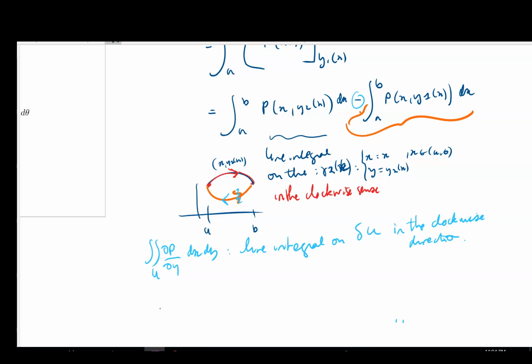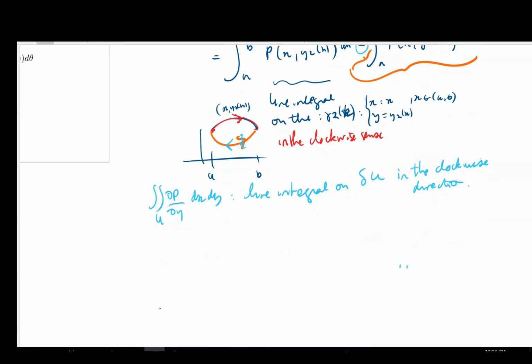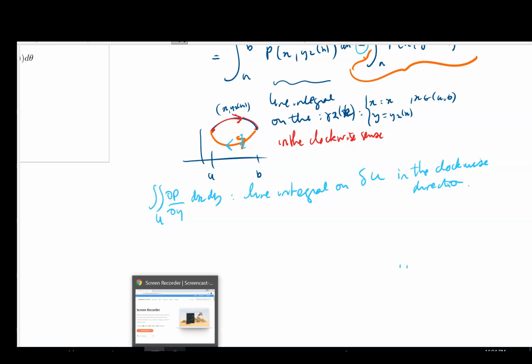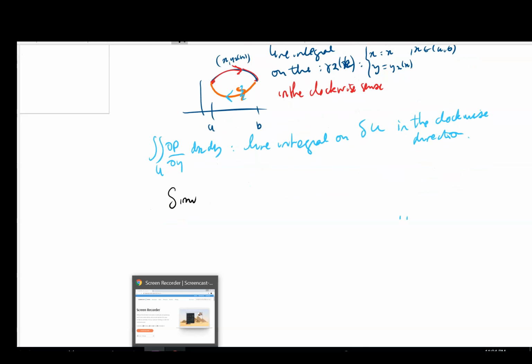Now you can do exactly the same thing for the Q integral, and very similarly we will obtain the double integral on my U of dQ over dx.